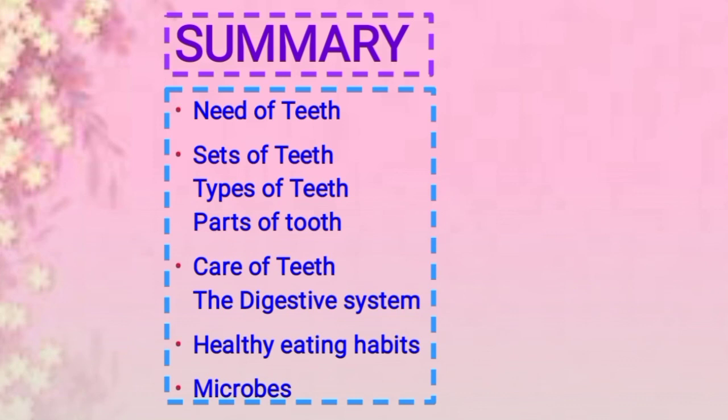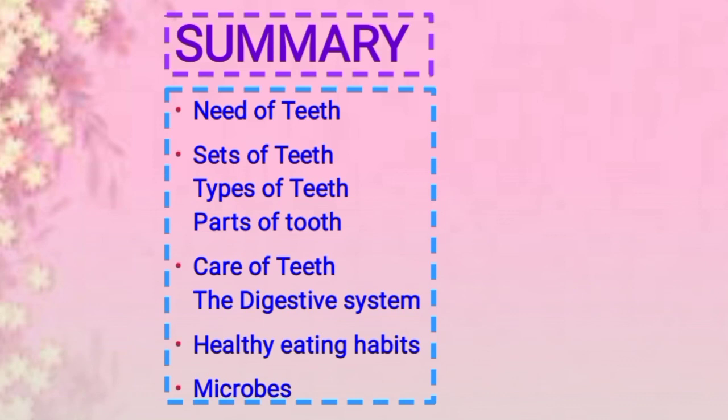So this was the process of digestion, which is very helpful for our health, and these all organs together form the digestive system. Then we have covered topic like healthy eating habits, like chew the food well, do not swallow it, eat fruit and vegetable every day, always wash your hands.